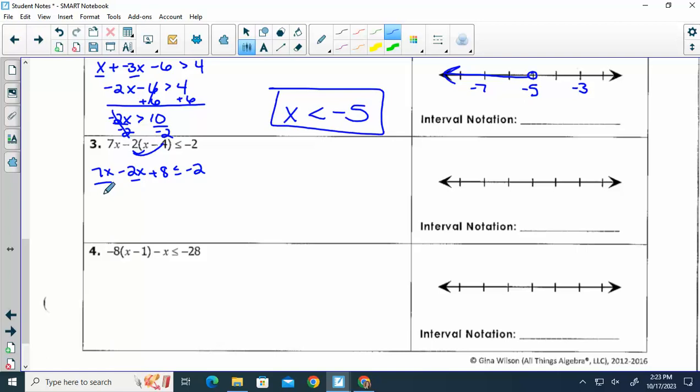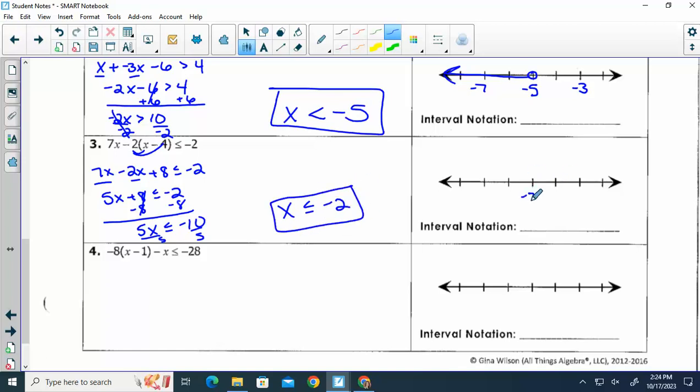So 7x minus 2x would be 5x. So we can subtract the 8. So 5x is less than or equal to negative 10. Divide by 5. Because it's a positive, it doesn't flip. You get x is less than or equal to negative 2. Equal to means closed circle, less than would go to the left.